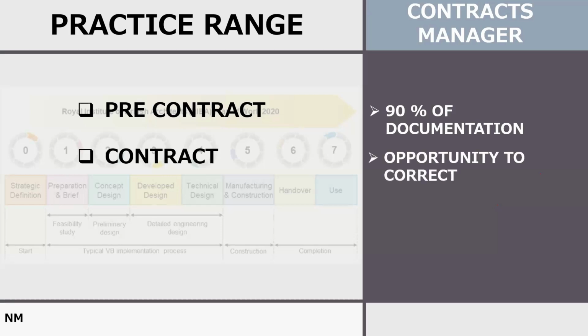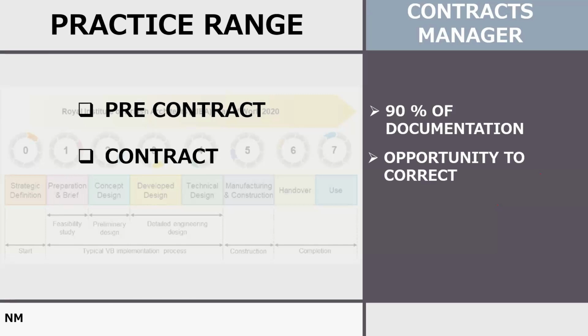So you are getting a golden opportunity, a second chance, to correct all the issues, ambiguities and discrepancies within the bidding document, which is about to become a contract document.